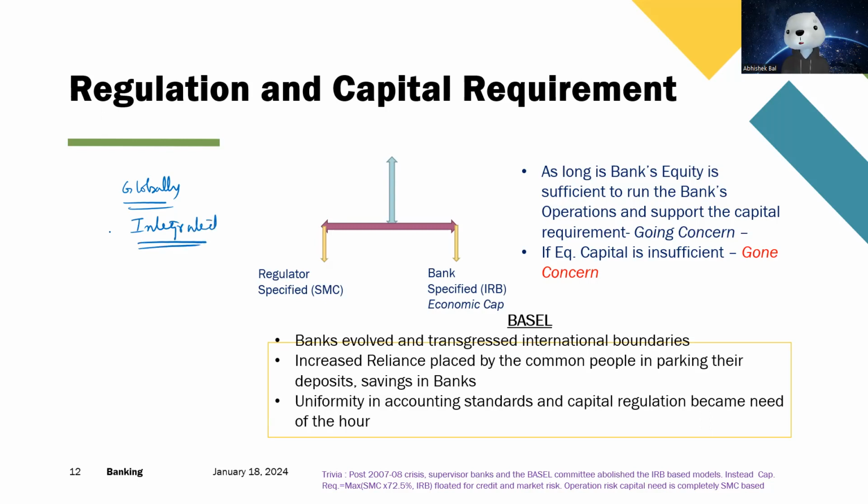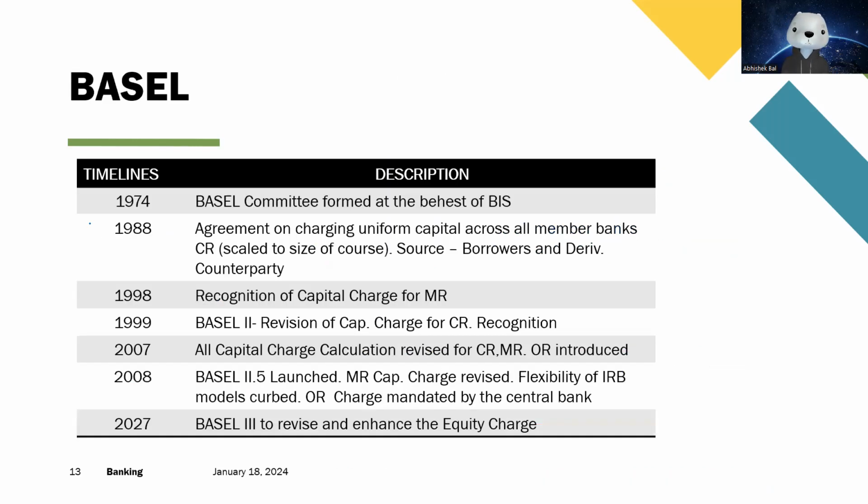The point being that this is again one more reason why regulation and uniform capital requirement becomes that much more important. And with this understanding, in 1974, the G20 nations in Basel, Switzerland, first came out with the Bank for International Settlements and the Basel Committee for Banking Supervision.